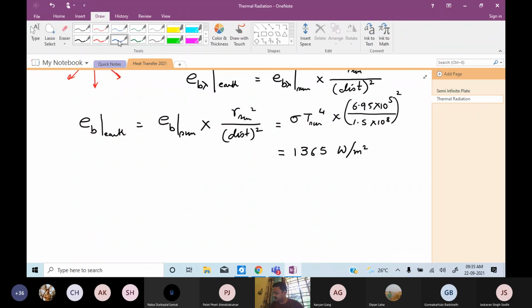So this many a times, and people who work in solar energy, this parameter is of great consequence to them. This is called the solar constant.